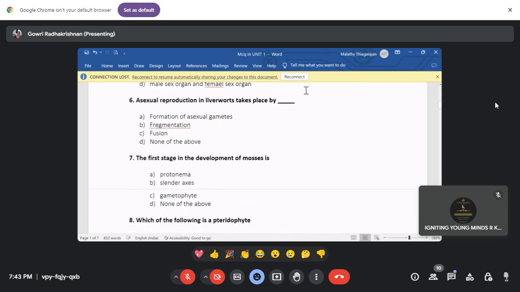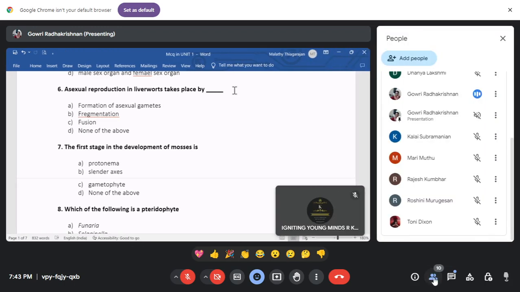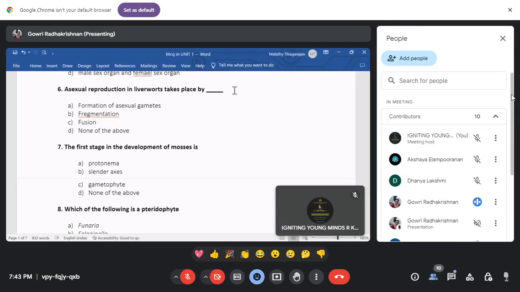Asexual reproduction in liverworts takes place by fragmentation. Fragmentation spelling is wrong. It's F-R-A-G. I don't know, when I typed, maybe some typo. It's fragmentation.